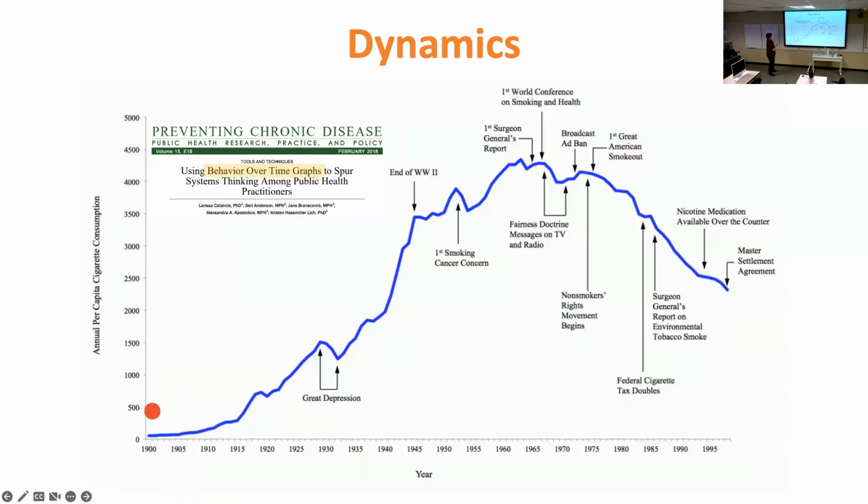In this case, they're plotting the annual per capita cigarette consumption from 1900 to looks like 2000. And you see it's got this kind of peak and then down here, and they've pointed out different things that happened, like it rose and then the Great Depression hit and then it fell. And then after the Great Depression, it started rising again, and then this is World War II and so on. So looking at the dynamics over time and interleaving them with exogenous events.